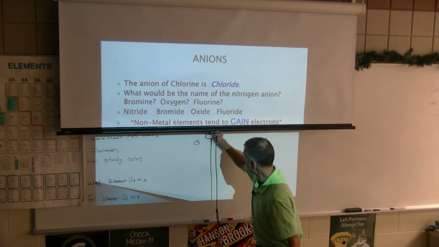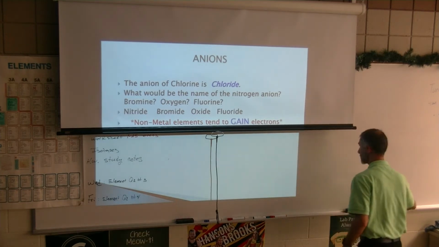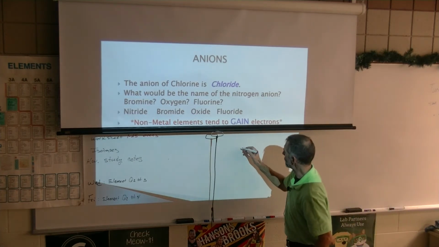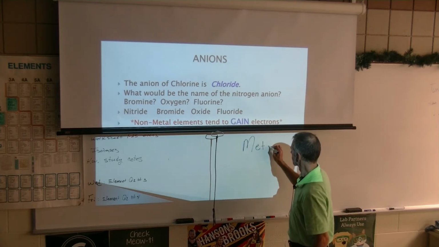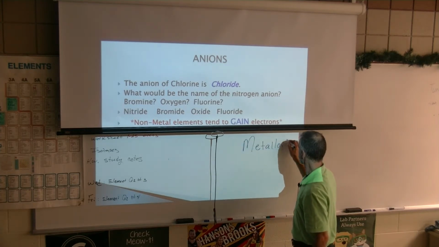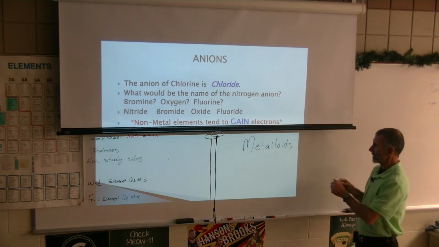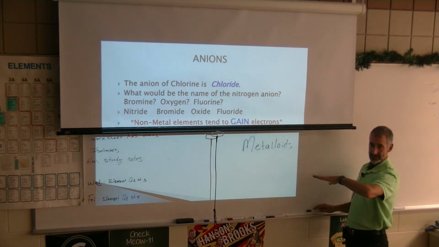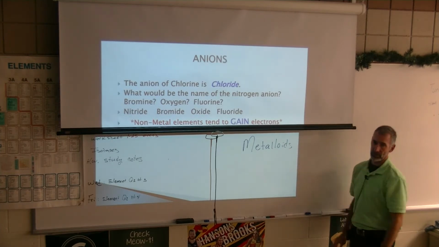Okay, something else I want to have you organize on the periodic table since we're at it. It's something called metalloids. In your notes, just kind of a continuation. So we have a staircase. Right side of the staircase we said are nonmetals. Left side we said are metals.